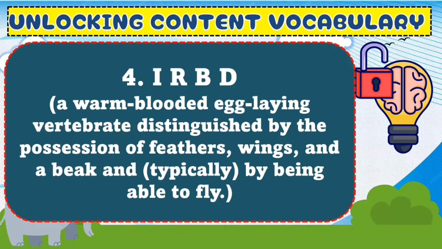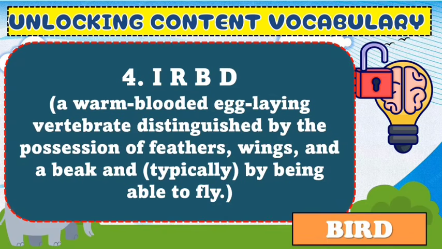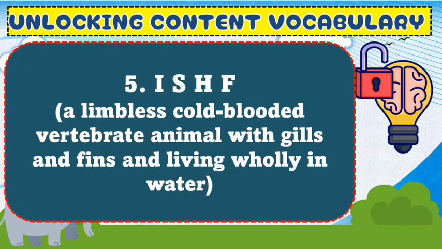A warm-blooded egg-laying vertebrate distinguished by the possession of feathers, wings, and beak, and typically by being able to fly. That's correct. That is bird. For number 5, a limbless cold-blooded vertebrate animal with gills and fins and living wholly in water. What's your answer? Exactly, that is fish.